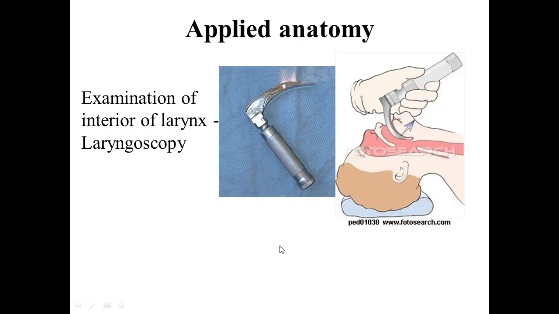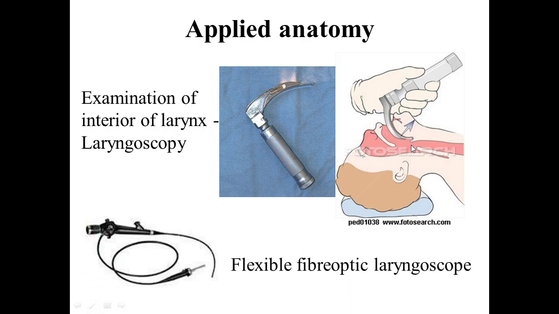Then another method is the direct laryngoscopy. Here this is the laryngoscope. This is rigid laryngoscope, and it is introduced into the mouth, and this is used to introduce the endotracheal tube. There is another laryngoscope, that is the flexible fiber optic laryngoscope.